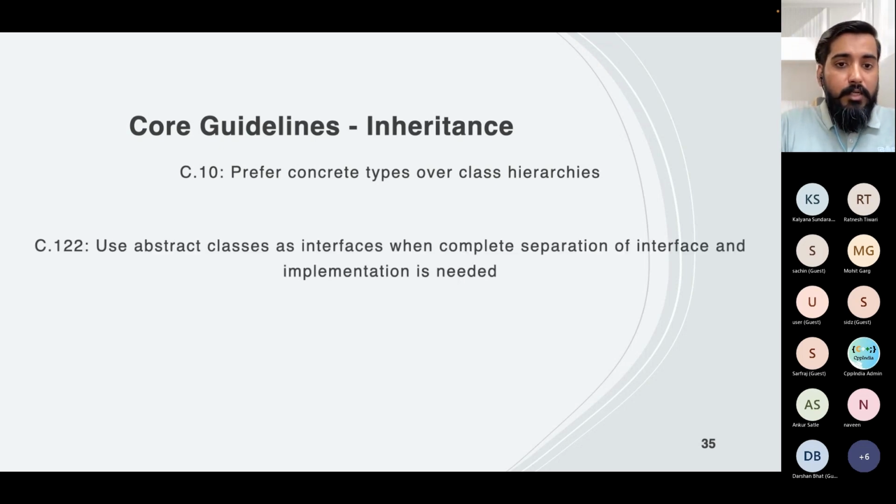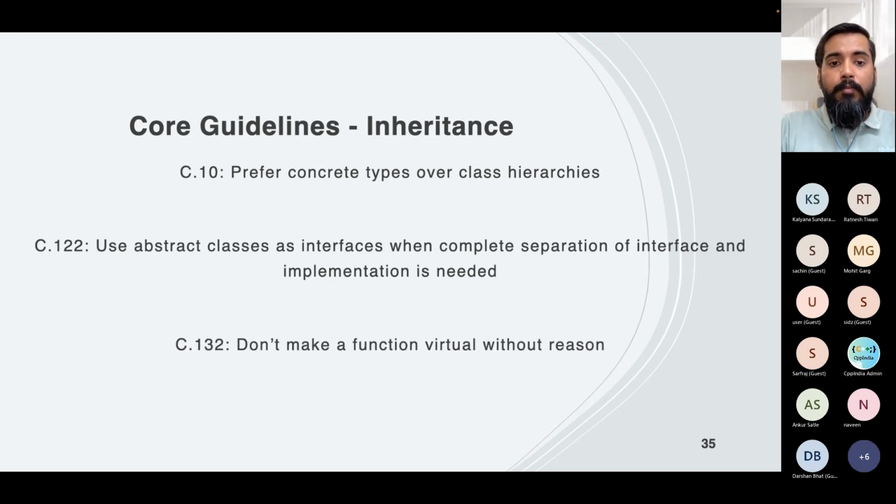Use an abstract class as an interface when complete separation of interface and implementation is needed, and we saw that in our interface segregation, right? Don't make a function virtual without a reason. There are some overheads of having virtual functions, because there will be a virtual table and you will add one extra member in your class.